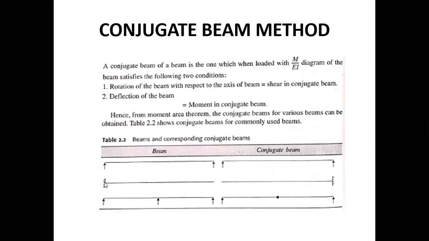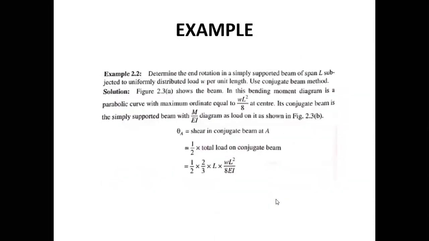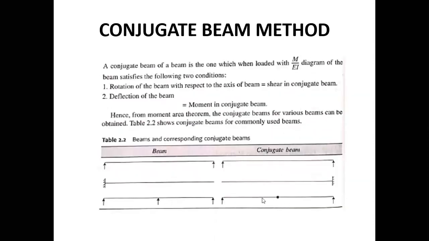If the end is fixed in case of a real beam, it will become free in the conjugate beam, and the free end will become fixed in the conjugate beam. If there is an intermediate support, it will be converted to an internal hinge, and if there is an internal hinge, then it will be converted into an intermediate support.